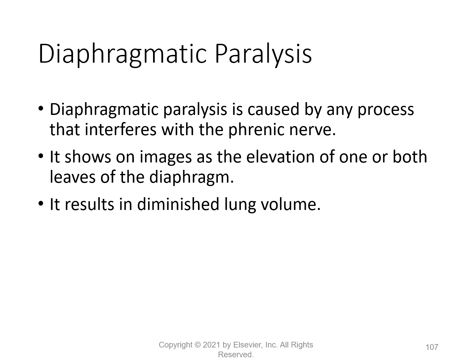So a diaphragmatic paralysis is usually caused by any process that interferes with the phrenic nerve. It's going to show up on images as elevation of one or both of the leaves of the diaphragm. So we think about the diaphragm as one singular muscle, but technically it has two sides, a right and a left. And so we can see diaphragmatic paralysis affect one or both sides.